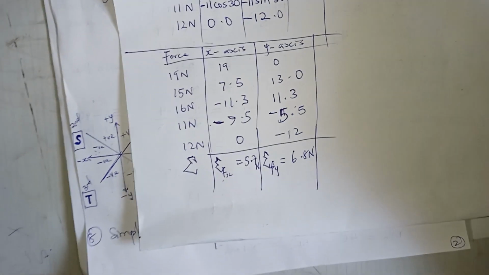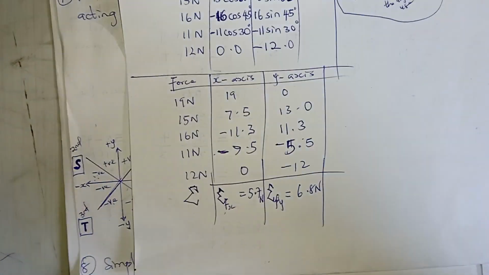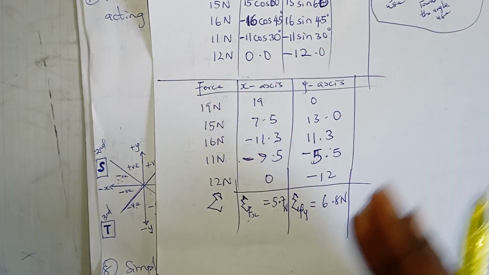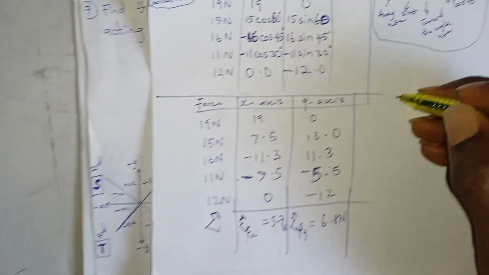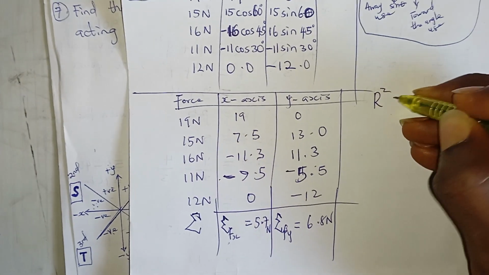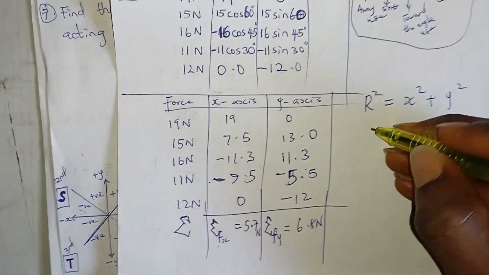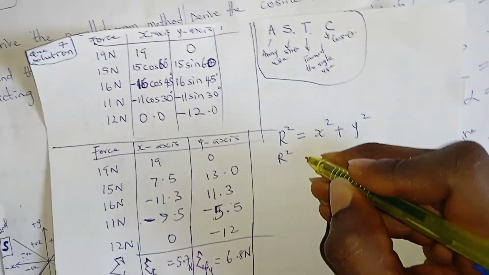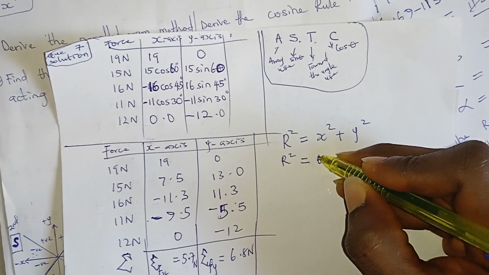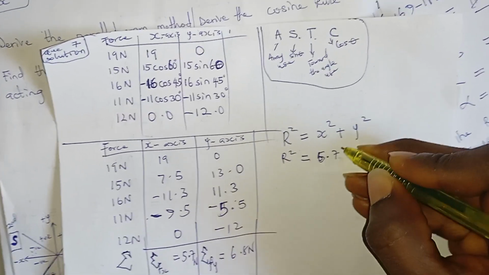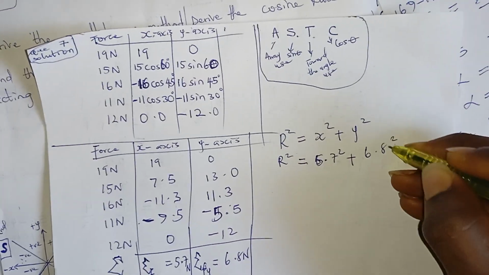So whenever you are through with this and no angle is specified, you have just x and y, you just use your Pythagoras theorem, which is the same thing as saying r square equals x square plus y square. So this is going to give me r square equals 5.7 square plus 6.8 square.